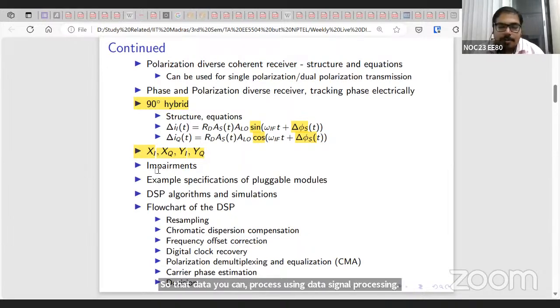This is where we talked about the different kinds of impairments we have discussed. Initially, during our discussion on dispersion, we introduced dispersion. Then here we mentioned frequency offset.